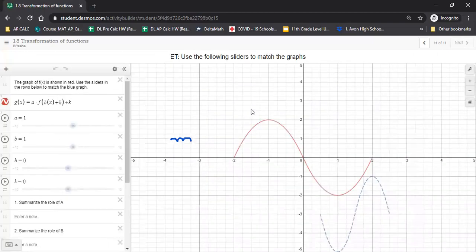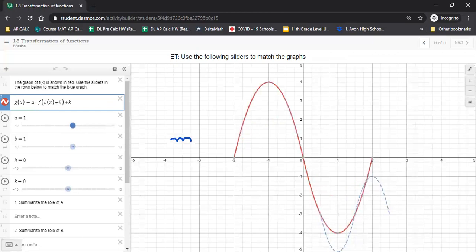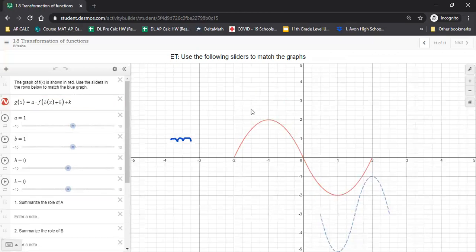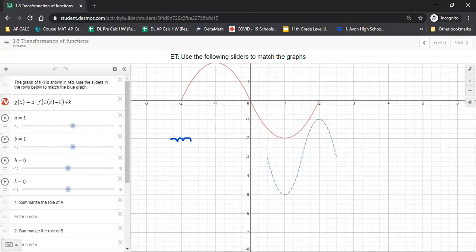Okay. Last but not least, I gave you guys an exit ticket, and I gave you all the transformations, the ones that you saw before: your A, your B, your H, and your K. You were supposed to match this function right here with the other function by moving these any certain way that you want. So let's play with this. Let me move it over here.